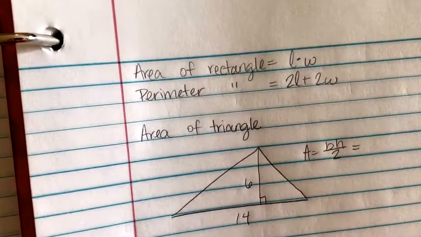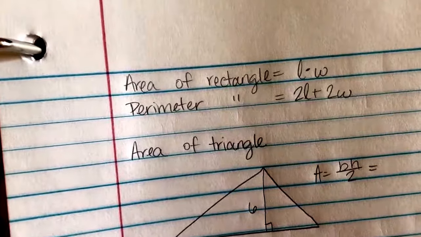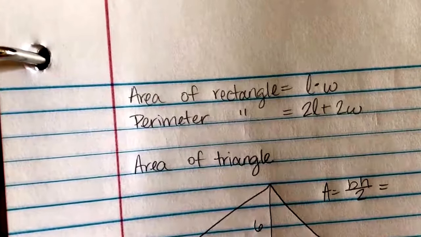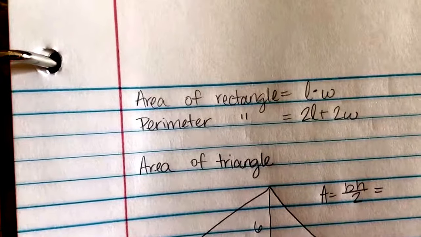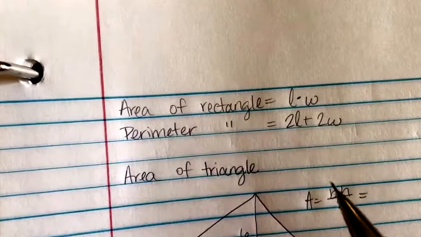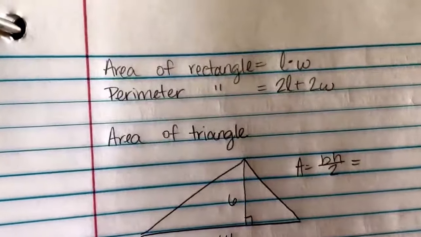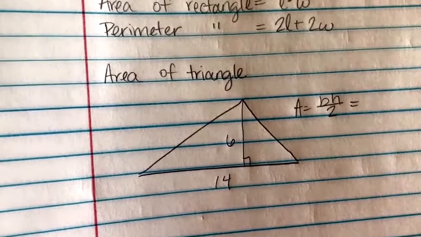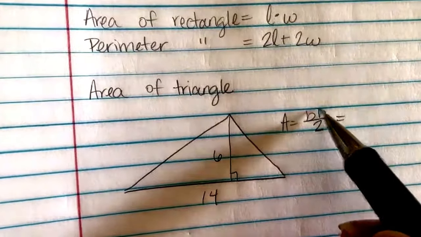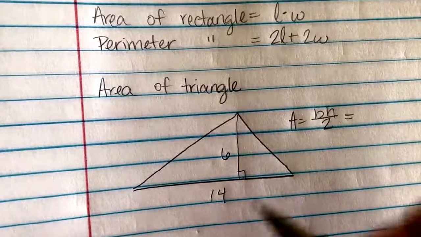Okay, and then the last thing to review, the area of a rectangle is length times width. Be able to find the area if you're given the measurements of two sides. And the perimeter of a rectangle, 2 times the length plus 2 times the width. And then area of a triangle is base times height divided by 2. So let's just work this one out.